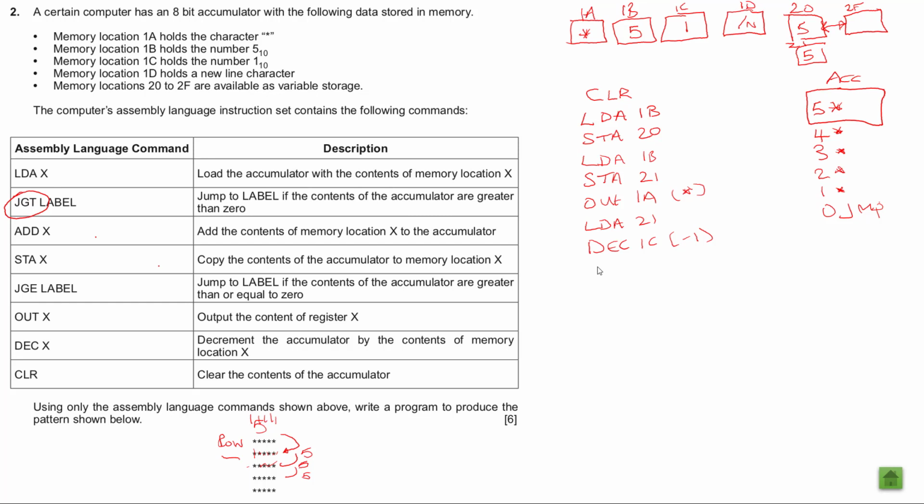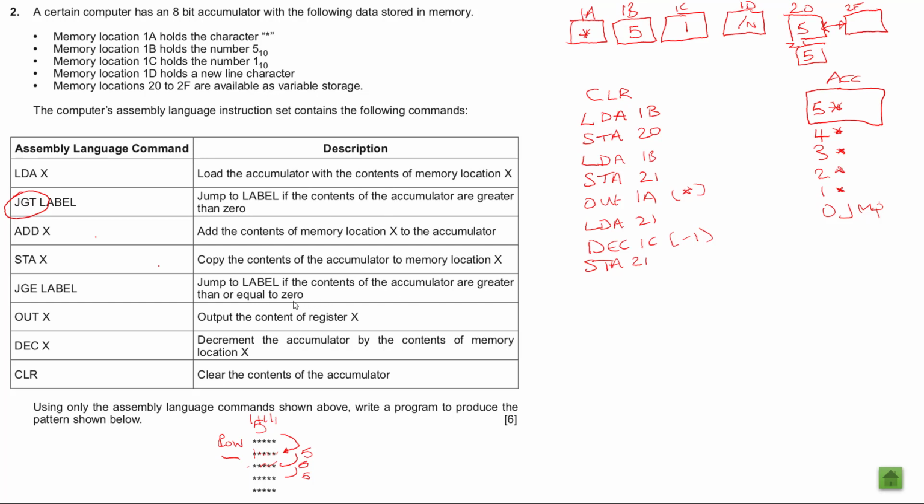Now once we've decremented the number, we need to store that, because we always store our values back where we need them to be stored. Store. And then we're going to jump to the label if the contents of the accumulator are greater than 0.